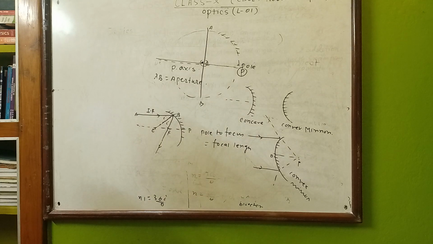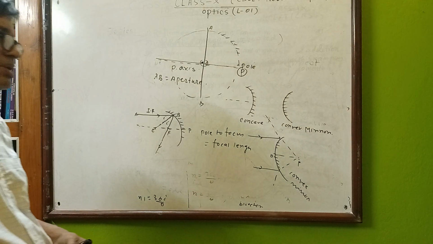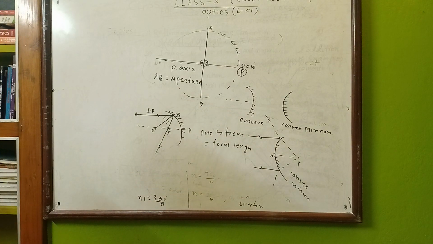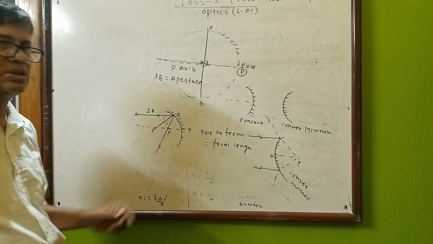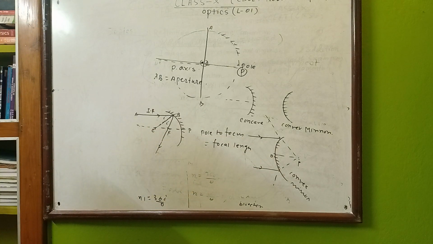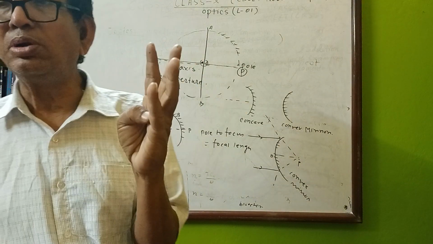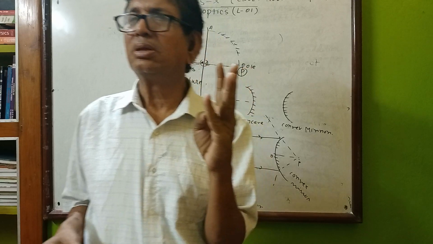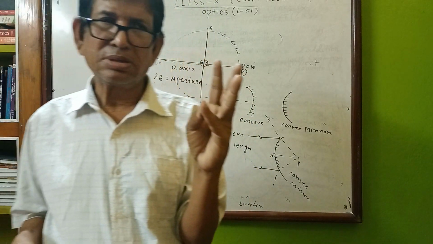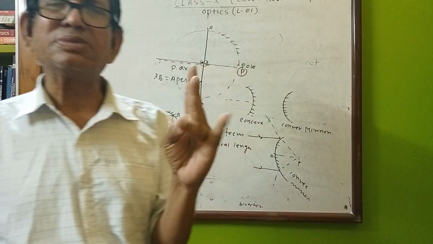In the convex mirror they appear to meet at the focus, virtual in nature, whereas in the concave mirror they actually meet. So in the case of mirrors, we are defining pole, aperture, center of curvature, principal axis, focus and focal length.